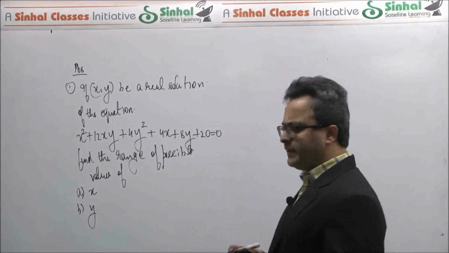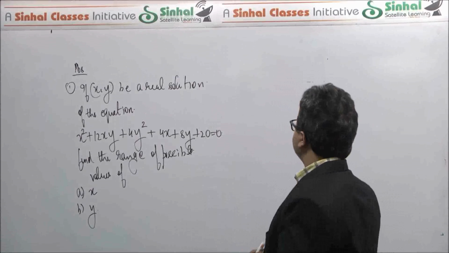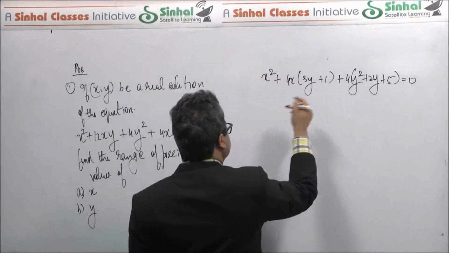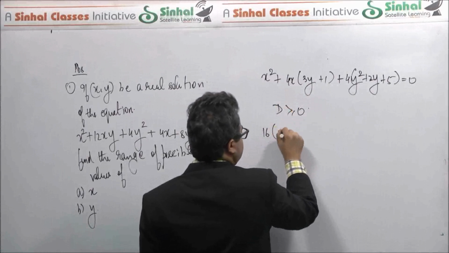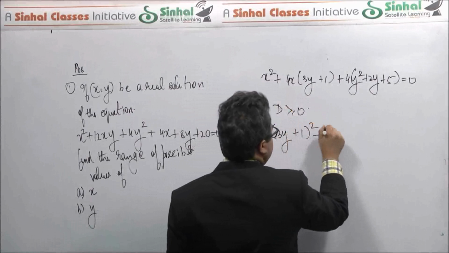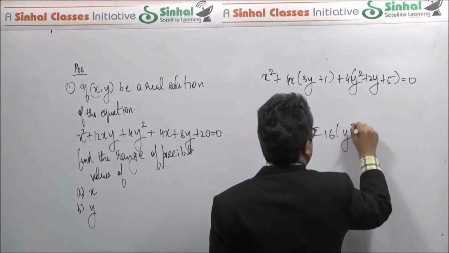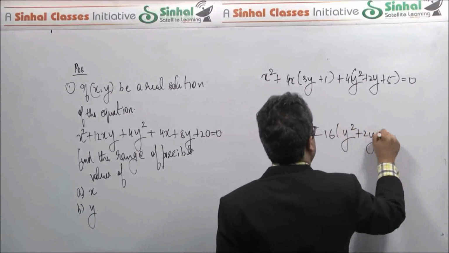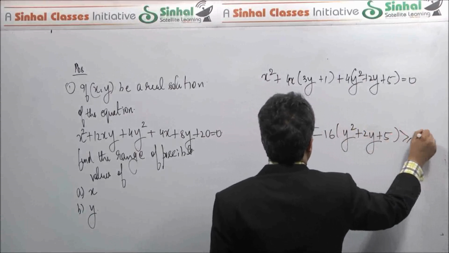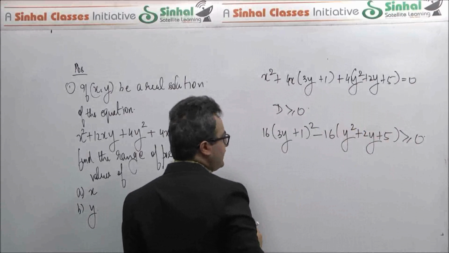We can similarly easily talk about the set of values that y can take. So rewrite it as a quadratic in x. So again, divide by 16, simplify.